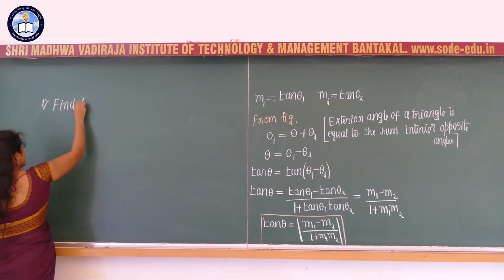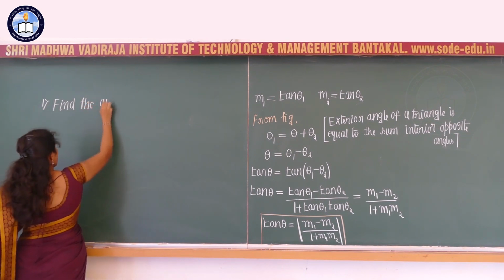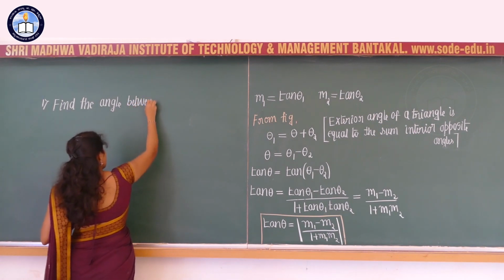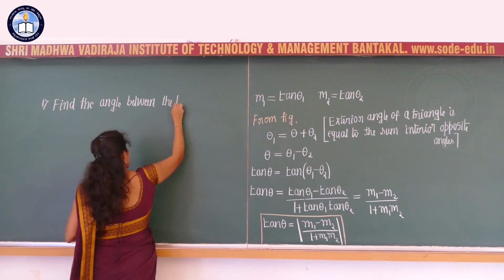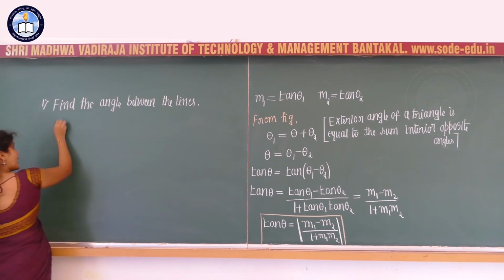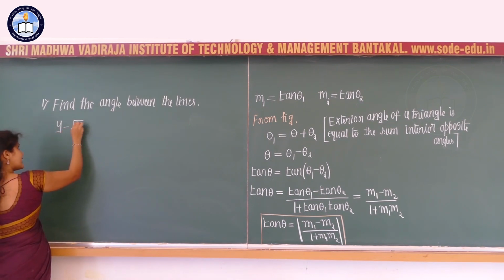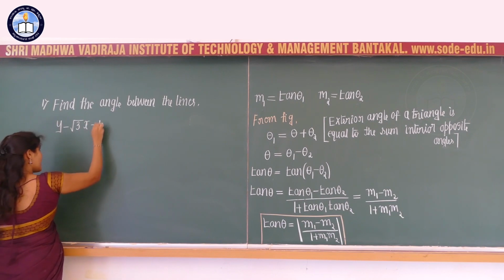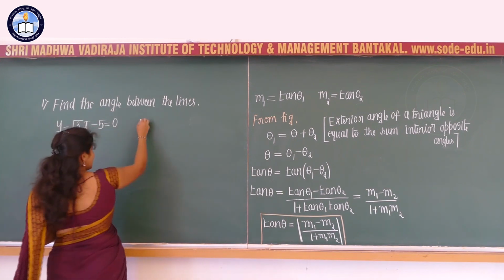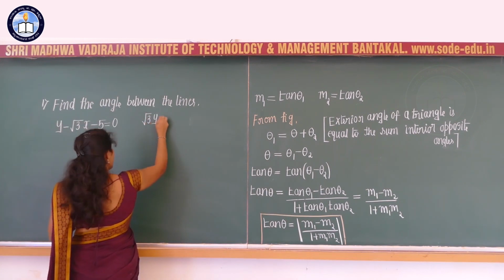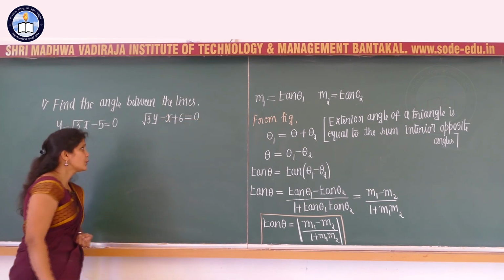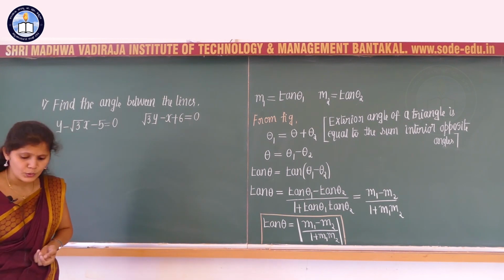The lines are y minus root 3 into x minus 5 is equal to 0, the equation of the first line, and the equation of the second line is root 3 into y minus x plus 6 is equal to 0, correct?